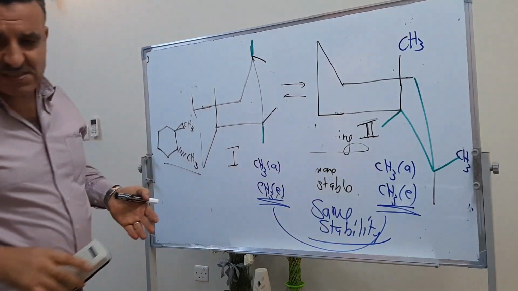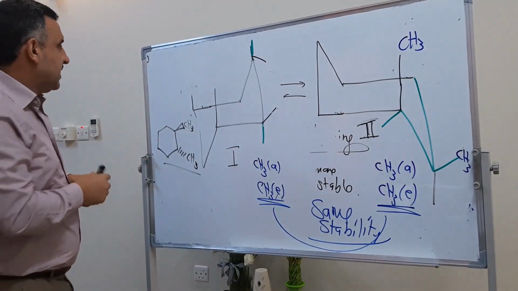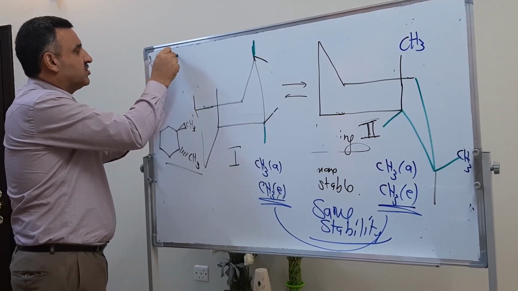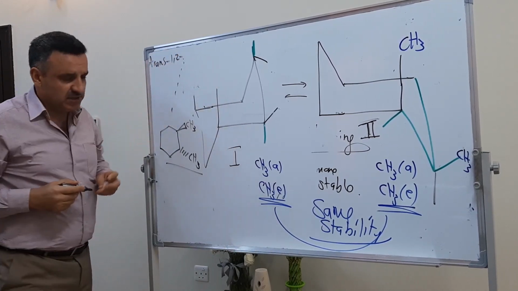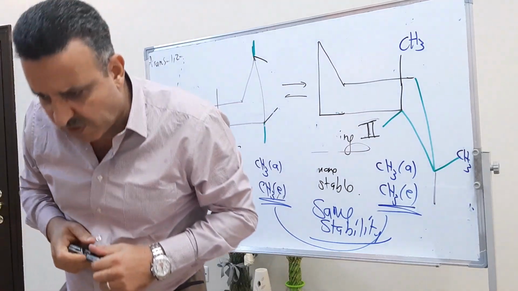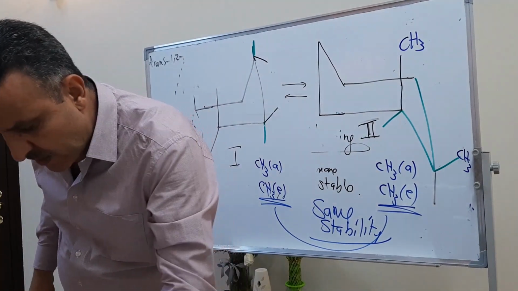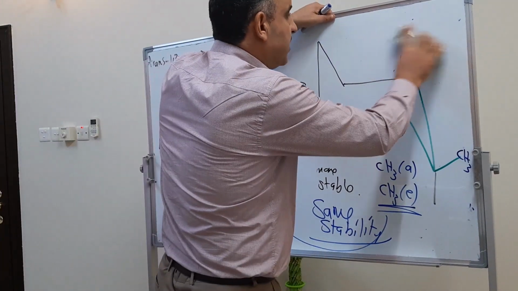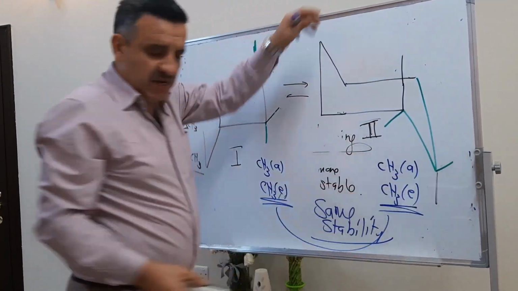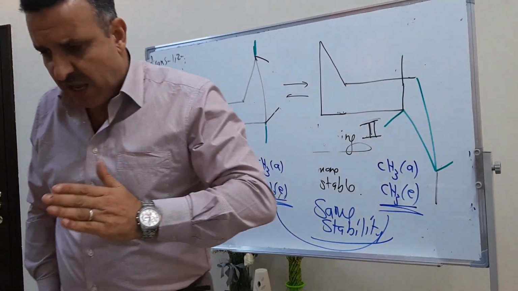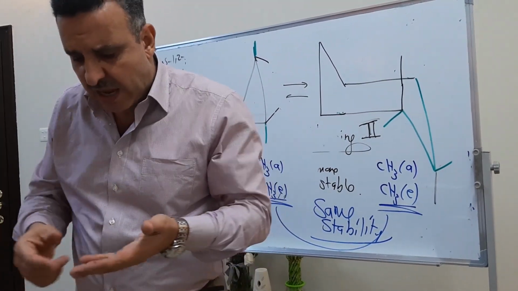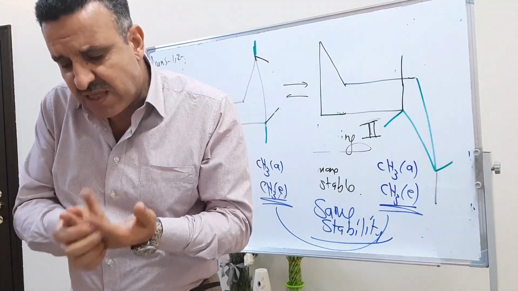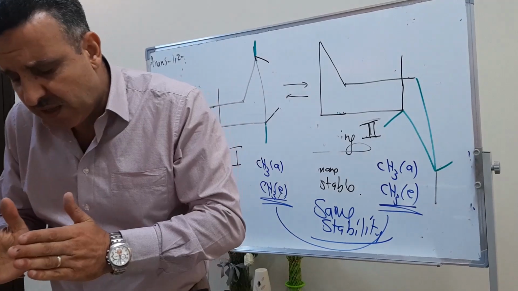I don't have space, guys, to draw or to write, but again we're talking about trans 1,2-dimethyl cyclohexane. Now, in the first conformation, I need to put the two methyls at carbon number 1 and carbon number 2, with one condition: that these two methyls must be trans.